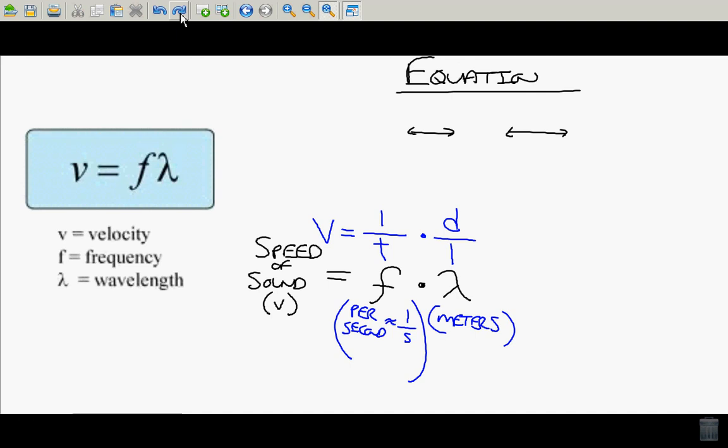Now, what are we going to do with this equation? Well, this equation is especially good for finding things like distances between objects. Given the speed of the specific medium we're talking about, if I'm floating in the ocean and I hear a sound through the ocean, then I can potentially gauge the distance between myself and the object that made the noise if I know the frequency and the wavelength of that frequency.